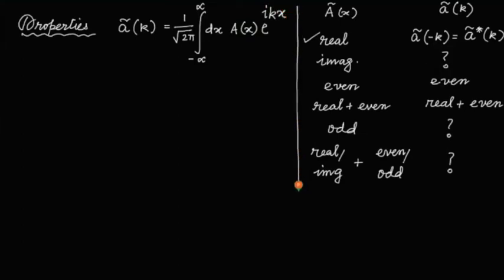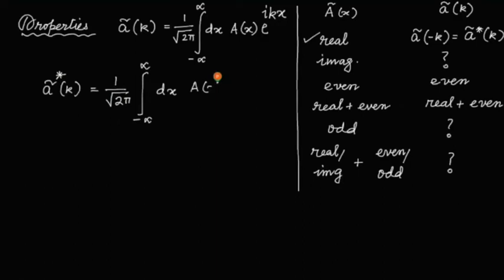Okay. So given this, let's calculate what a tilde k star is. Star means complex conjugate. So how do I take the complex conjugate of the right hand side? x is real, so it remains as x. a(x), I should take the complex conjugate of that, but we have already assumed that it's real. So this is just a(x).